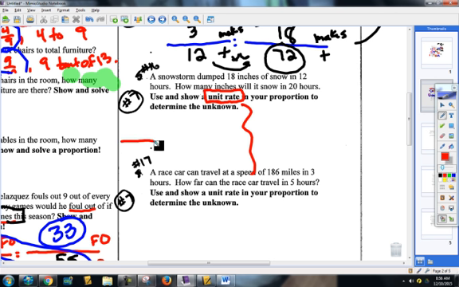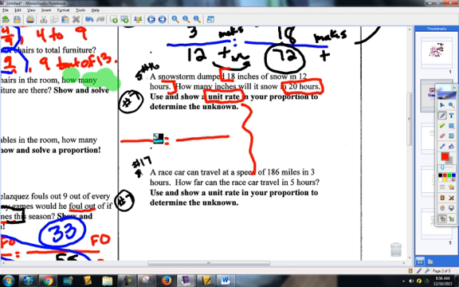So here's my proportion. I know that my fake ratio says that a snowstorm dumped 18 inches of snow in 12 hours. How many inches will it snow in 20 hours? Because it gave me 20 hours, if I can figure out how many inches per hour, then I can just multiply it by 20, right, William?